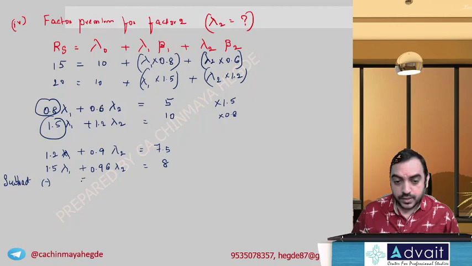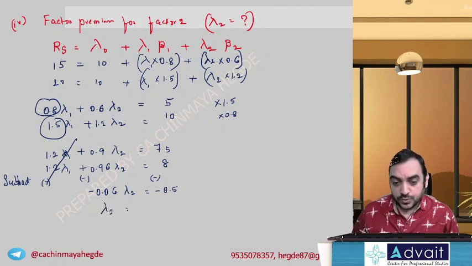So the lambda 1 terms, 1.2 minus 1.2, get cancelled. 0.9 minus 0.96 gives minus 0.06 lambda 2, and 7.5 minus 8 gives minus 0.5. The minus signs cancel.